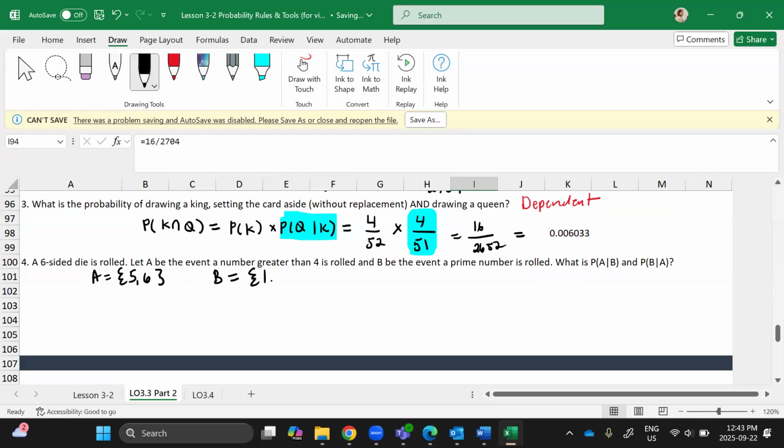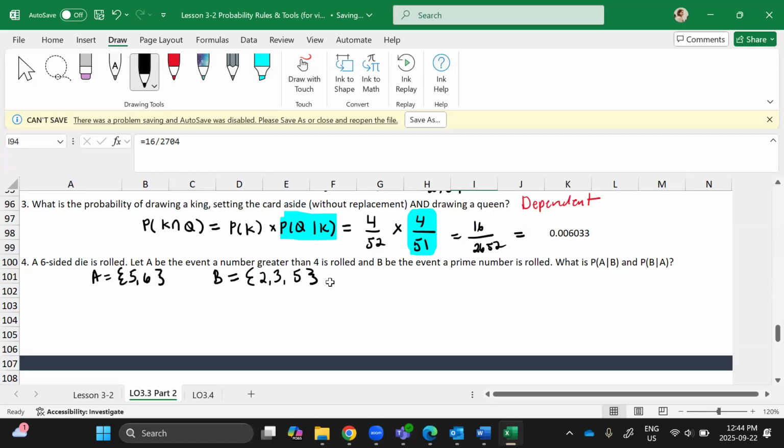Prime numbers would be 1, 2... I guess 1 doesn't really count as a prime because it has to be divided by 1 and itself. So 2, 3, and 5 will count as the prime numbers, because primes have to be divided by itself and 1 only.